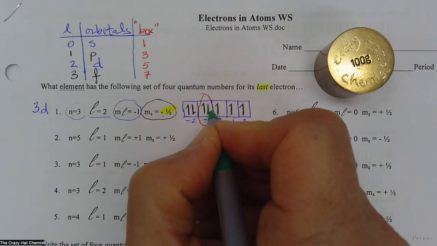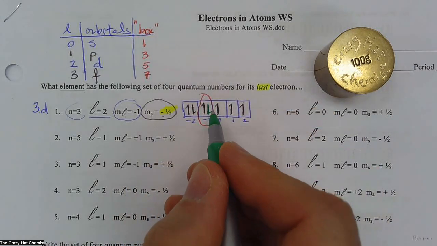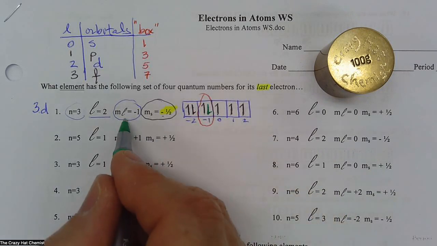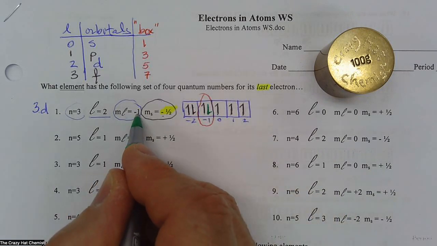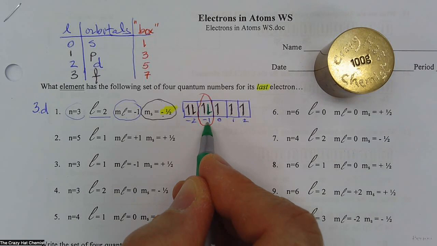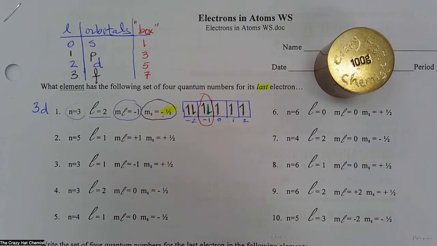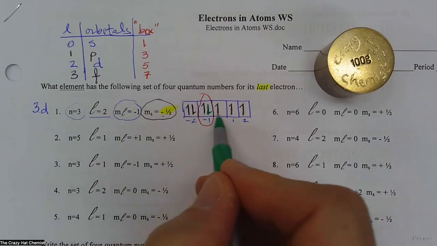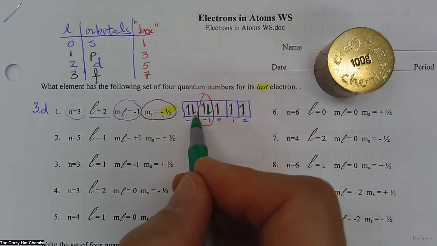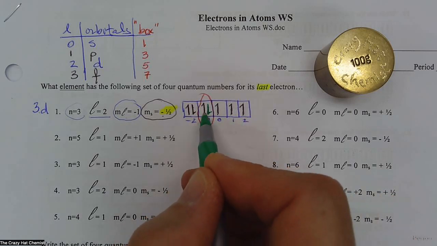So why am I stopping right here at this green arrow? I'm stopping right here because I am in this m sub L of -1 orbital, that box, and I have a -1/2 spin. That's why I'm going to stop there. So what I'm going to do is count the number of electrons that I have. The total number is 1, 2, 3, 4, 5, 6, and 7.